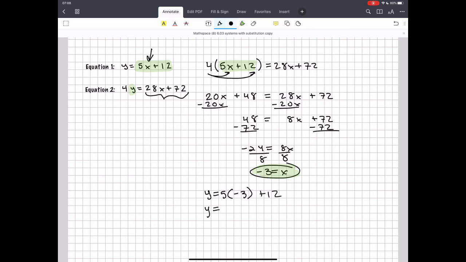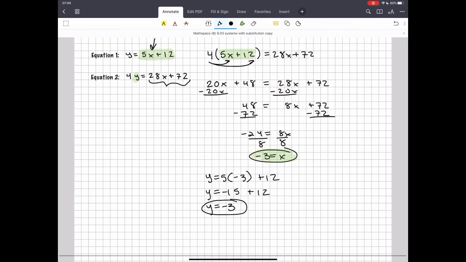Simplify the right side, and we've got -15 plus 12. And when I simplify again, I get y equals -3. So in this particular problem, my answer is -3, -3.